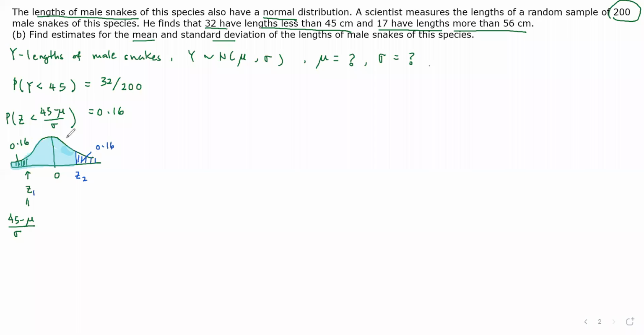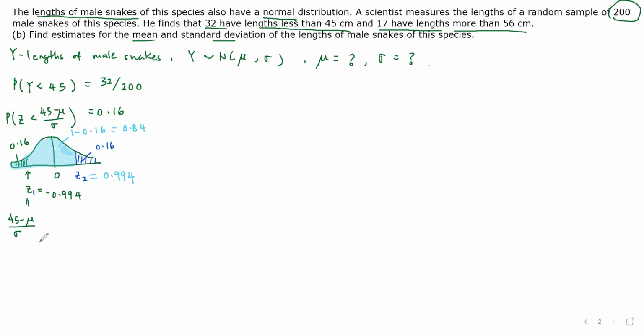So this shaded area here is 1 minus 0.16, which is 0.84. We use 0.84 for the area, and we read back to the first column and first row to find that Z2 value. This Z2 has a value of 0.994, and Z1 must be negative 0.994.